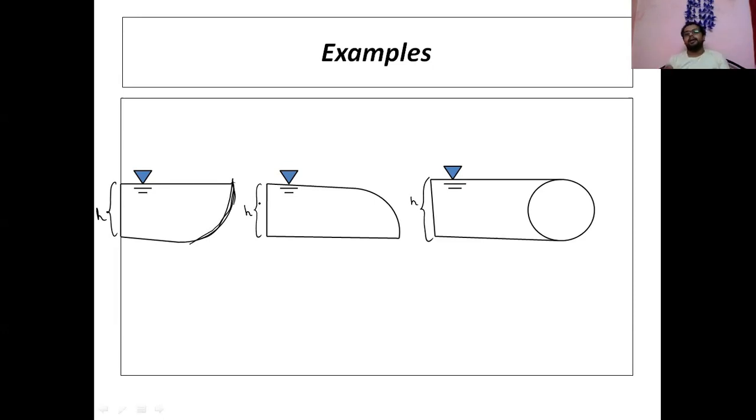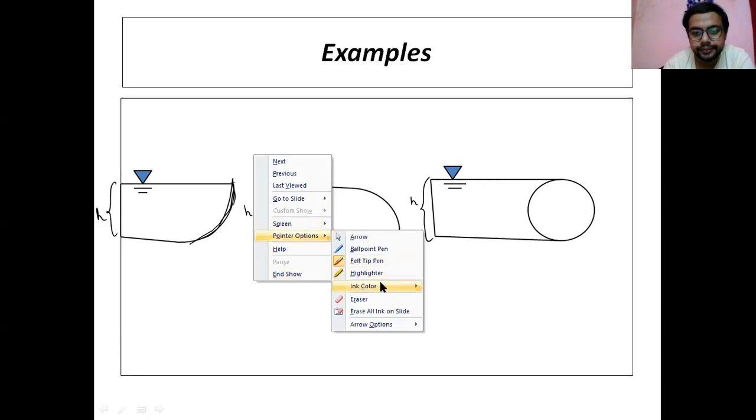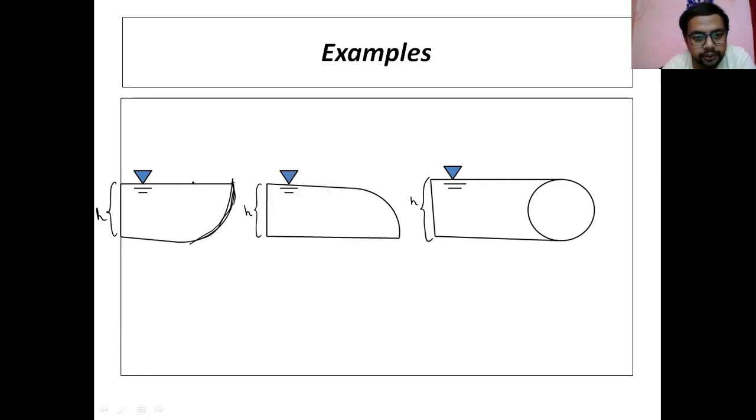In the three cases, how do we find the horizontal force? If you project the area this way, the projected area looks like a vertical surface.